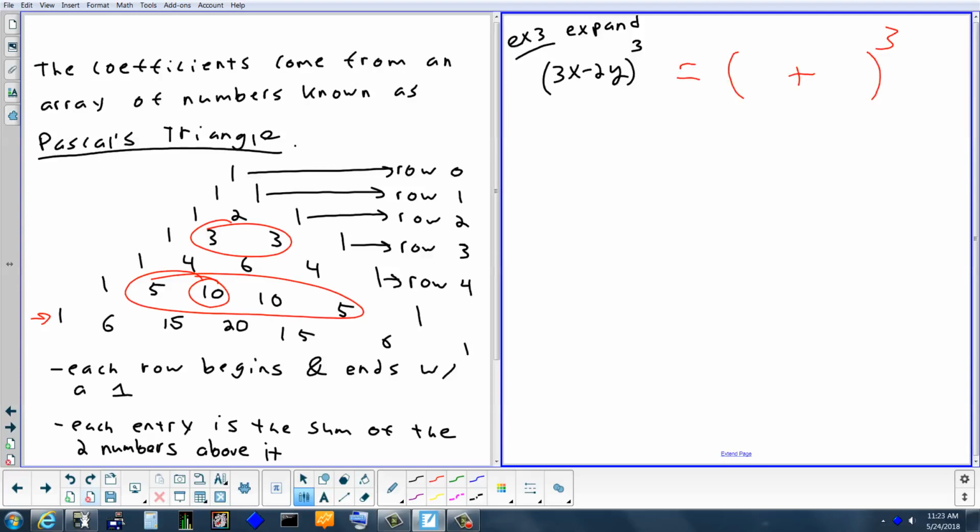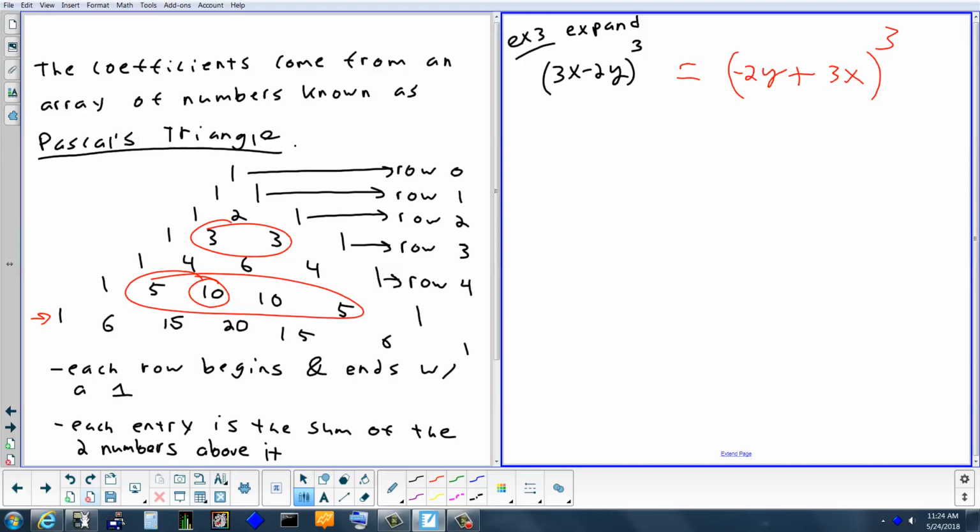Negative 2y plus 3x. You could do negative 2y plus 3x. Yep, that would work perfect. What else could you do? 3x plus negative 2y. Yeah, you could do it either way. I'll just do it the way Jess said. So negative 2y plus 3x.